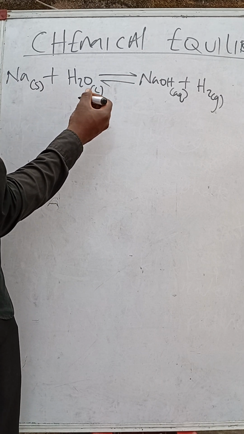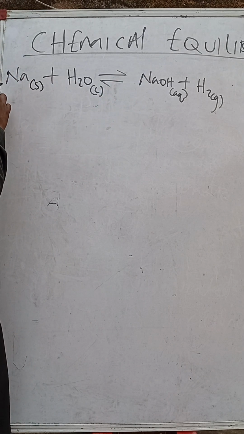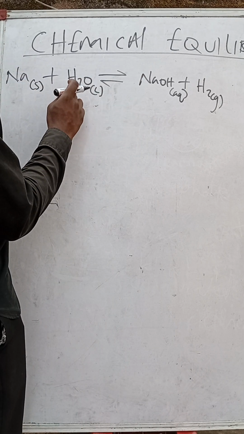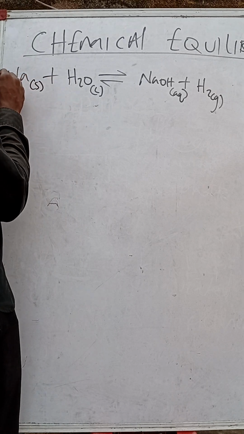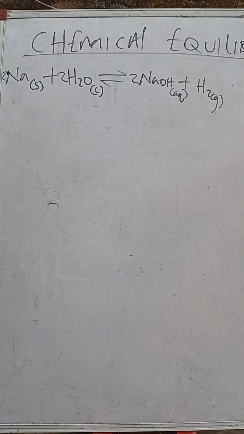So let's try and get a balanced equation. Na is balanced, hydrogen is not balanced, so it's more like 2, 2, 2. I think it is balanced now. Now let's write the equilibrium constant expression.